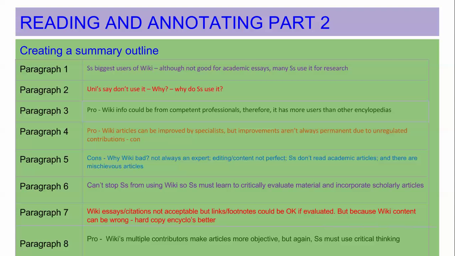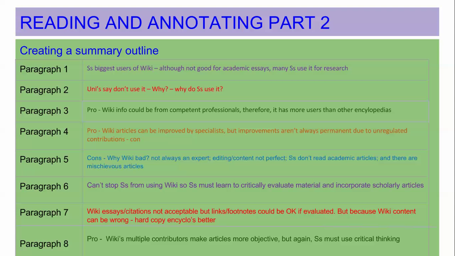But don't forget, in some cases, especially when you're reading for a multiple choice exam, which is totally different than summarizing, you would be looking for details. So you can go through here and see what I've done for each paragraph. I've labeled all the pros and cons.